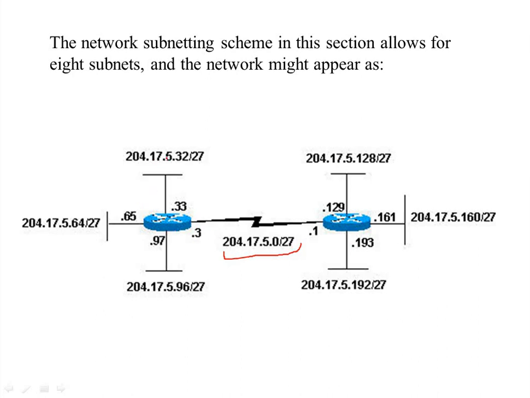The entire network represents 204.17.5. This is the original we have seen, but since we have extended the mask, that will form a subnet, and this is how you can form the subnet.